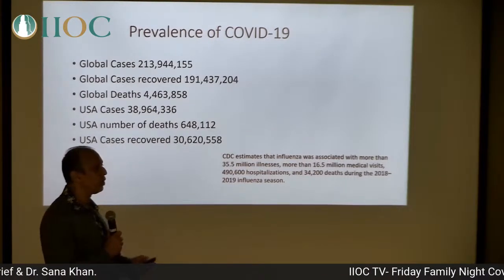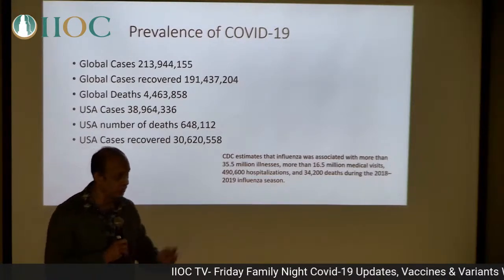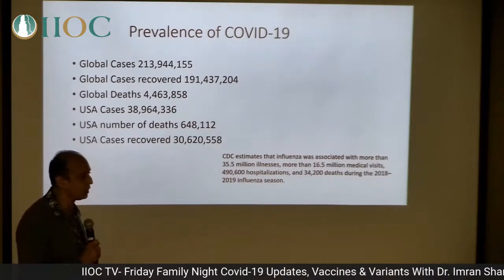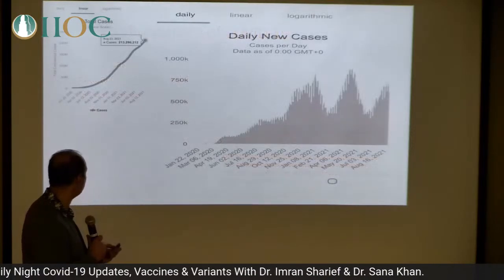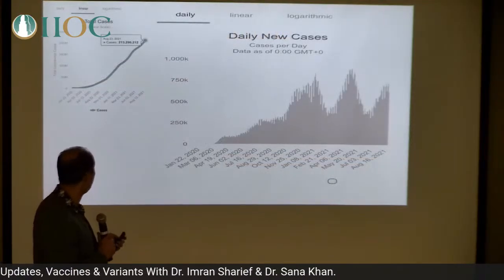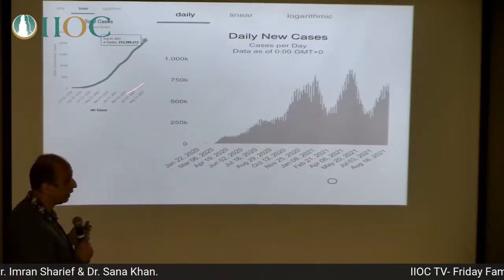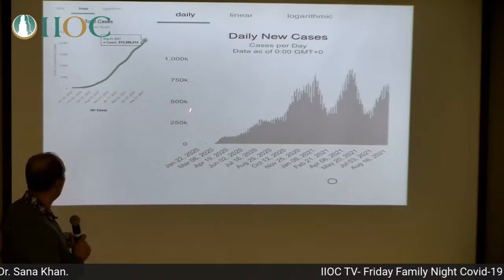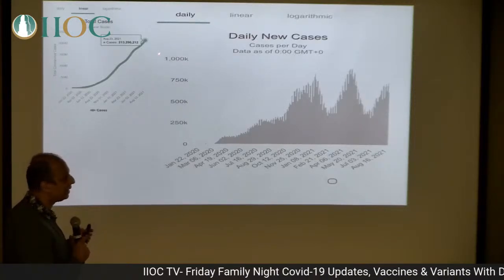So we have to follow all the recommendations that the CDC has been recommending, what Dr. Sana Khan has mentioned, and other healthcare physicians have been mentioning. So what's happening with the daily cases? We are standing here, look at the graph, very smooth. We are going up, we are not going down, we are not plateauing, it just keeps going up. This is a deadly virus.